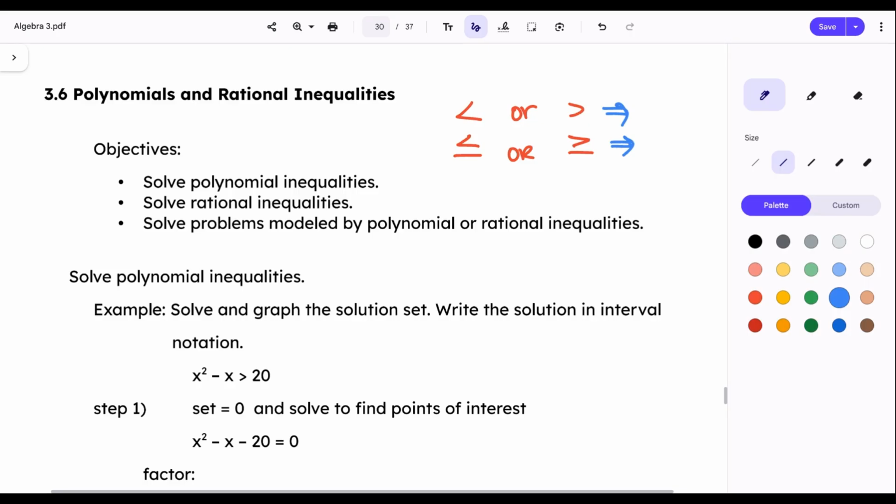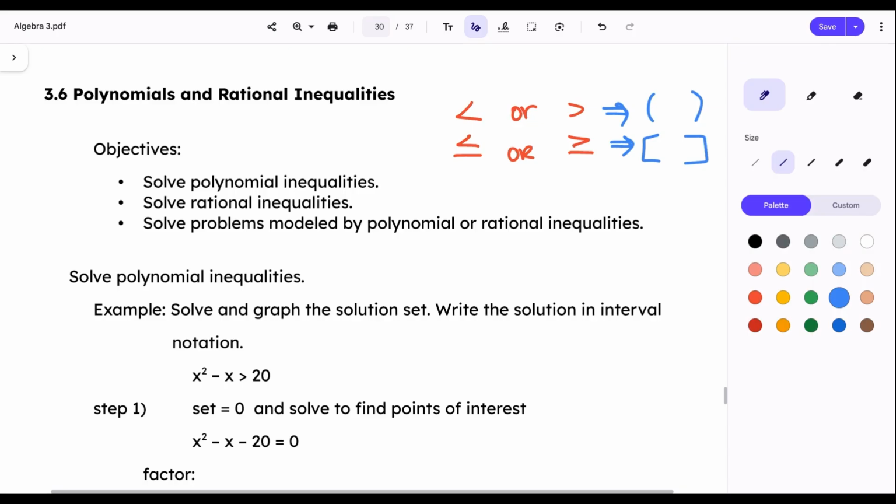If you don't have an equal sign, you would put parentheses on either side, because that means you could go up to that number, but you can't have it actually equal the number. And when it has an equal sign, it's going to include that number that you're at. So that's when we're going to have those hard brackets again. So we're still going to be writing our final solution with this notation.